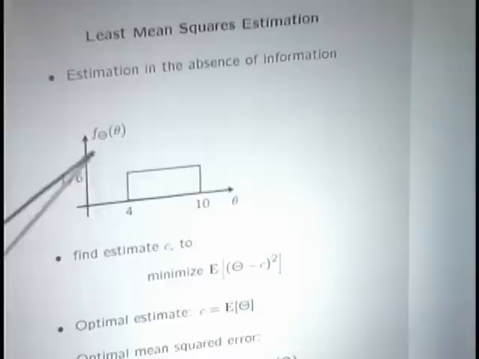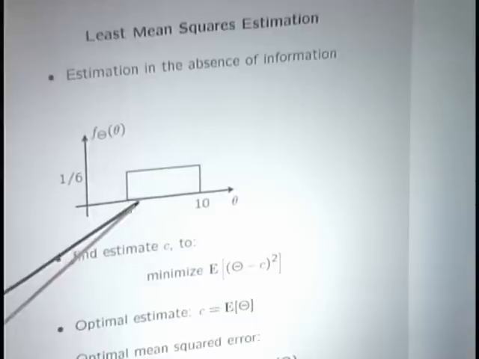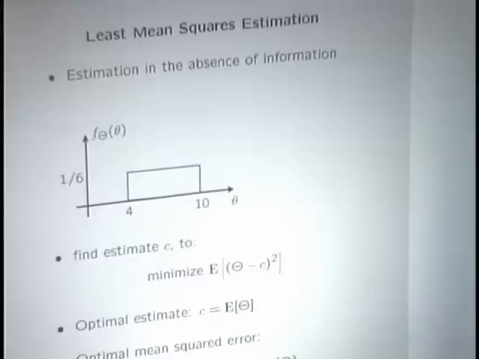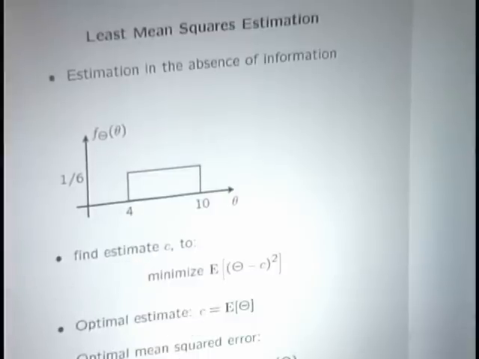So we have a theta, and because of your subjective beliefs or models by others, you believe that theta is uniformly distributed between, let's say, 4 and 10. You want to come up with a point estimate. Let's try to look for an estimate, call it c. I want to pick a number with which to estimate the value of theta, and I will be interested in the size of the error that I make. And I really dislike large errors, so I'm going to focus on the square of the error.